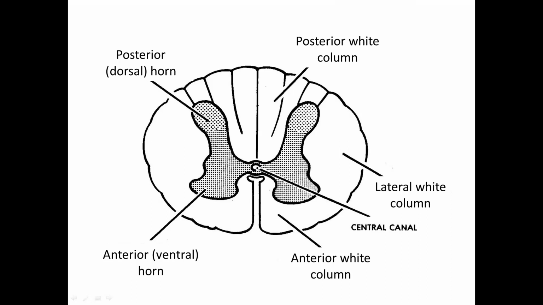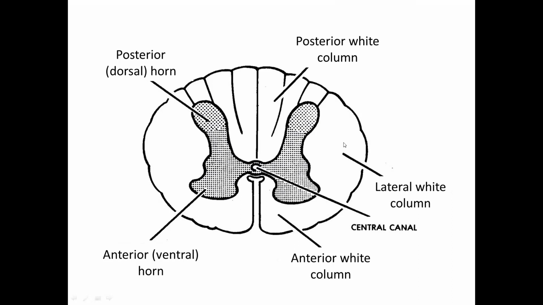So you have the central canal and you have the gray matter in the posterior horn, the anterior horn, and if there is, lateral horns, right? And then the white matter, you divide it into the posterior white column here, right? So the posterior white column is the white matter between the two posterior horns, okay?